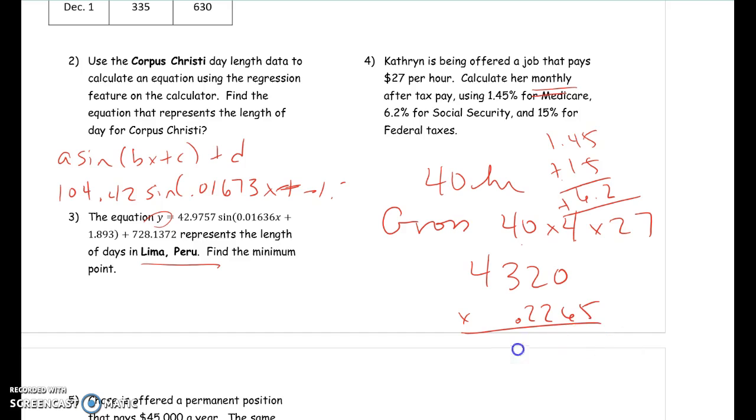So make sure that you move that decimal, and that's what we're going to multiply by the 4320. That right there, guys, is how much she loses to taxes, 0.2265. So this is what she's supposed to make, but you need to take this much away for all those taxes. And whatever's left over is what she makes after taxes.